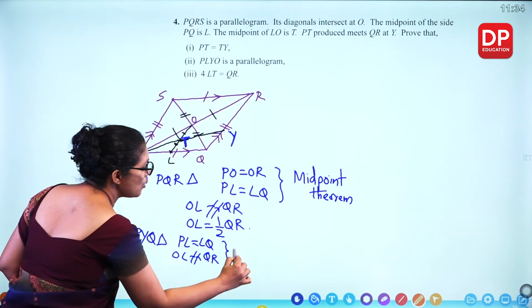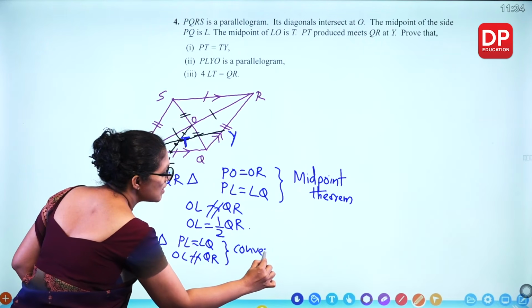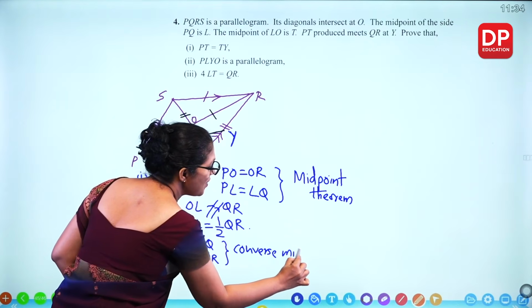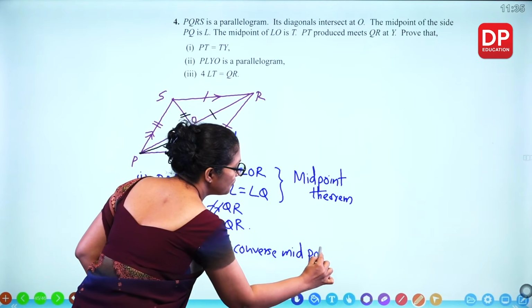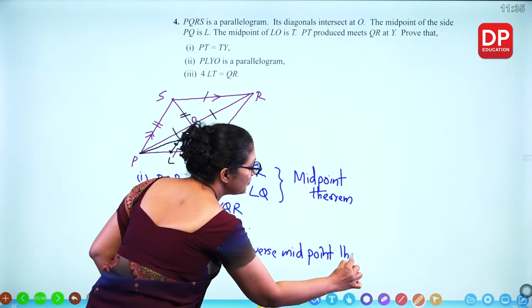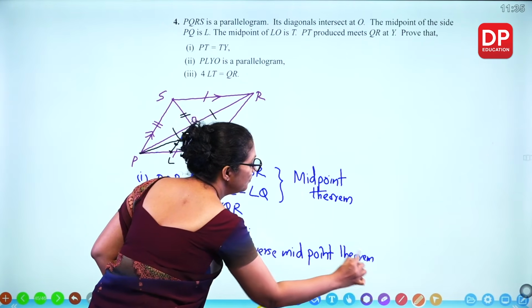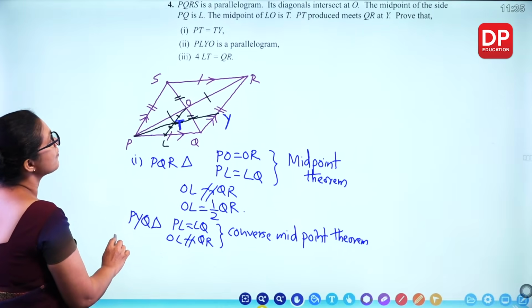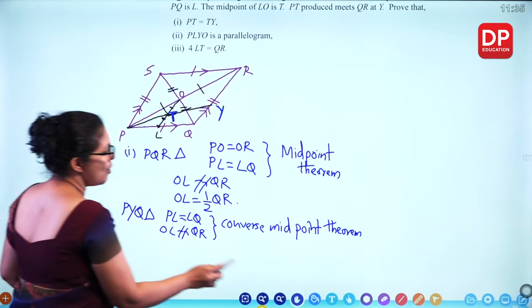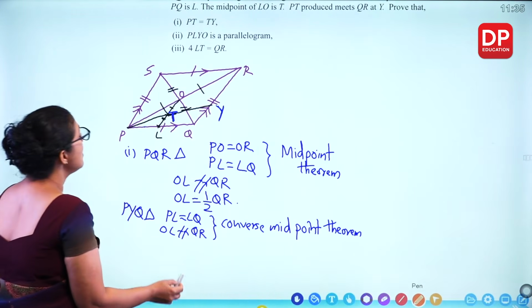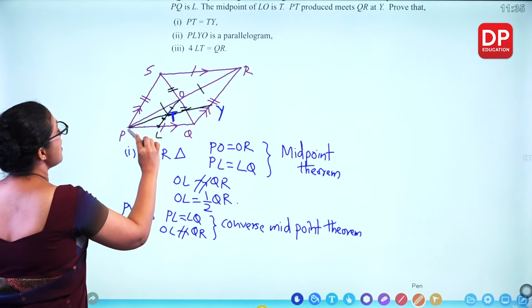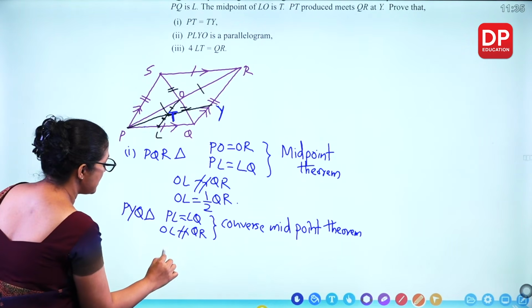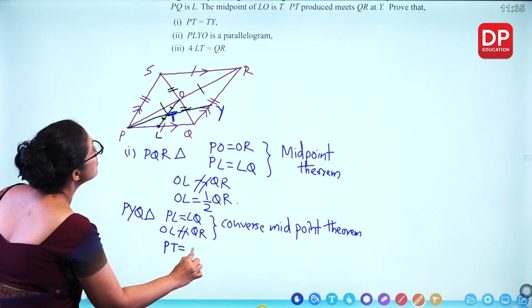Now we can use Converse midpoint theorem and write down PT is equal to TY.